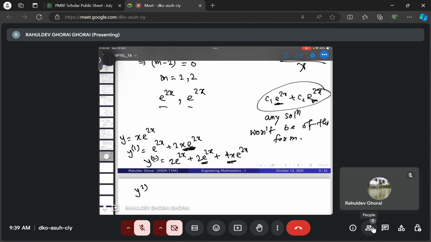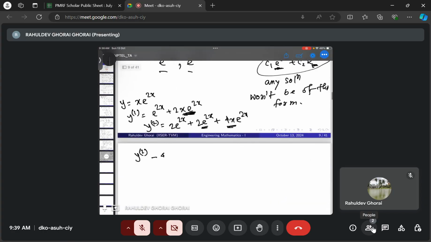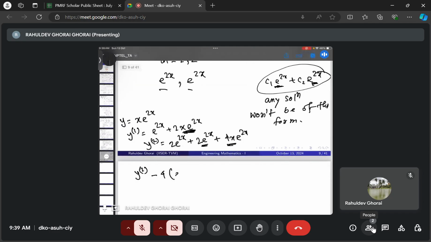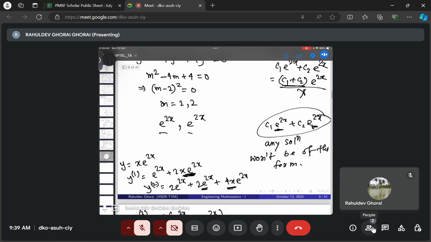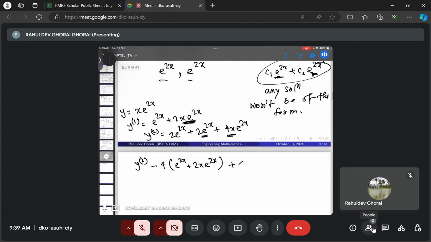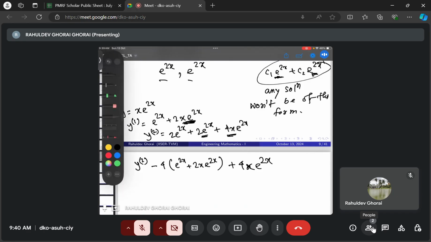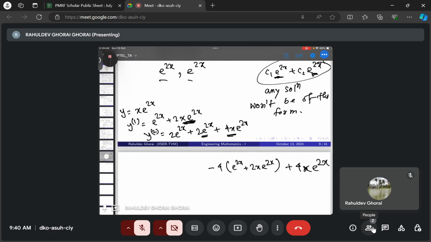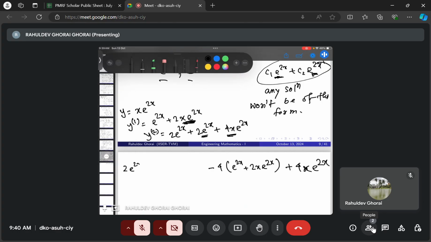Now y2, the second derivative of y, minus 4 times y1, meaning 4 times e to the power 2x plus 2x e to the power 2x, plus 4y, meaning 4 times x e to the power 2x.